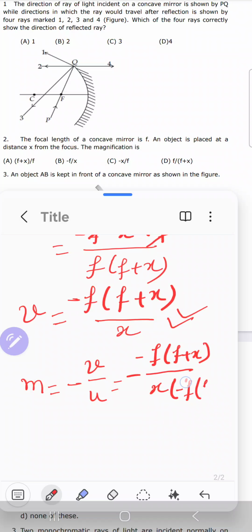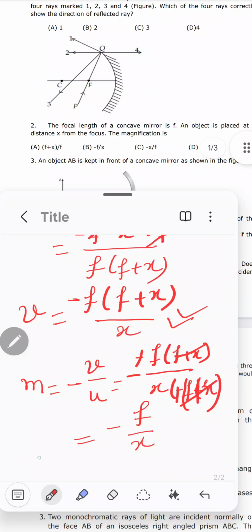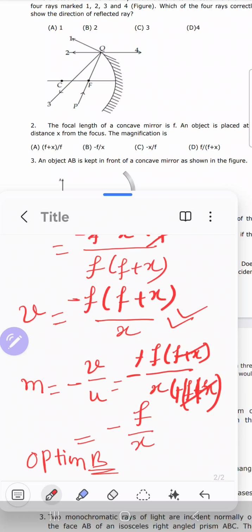So you can see the 2 minus signs would get cancelled and this f plus x would get cancelled. So we are left with minus f over x. So here option B is correct, for this question, question number 2.